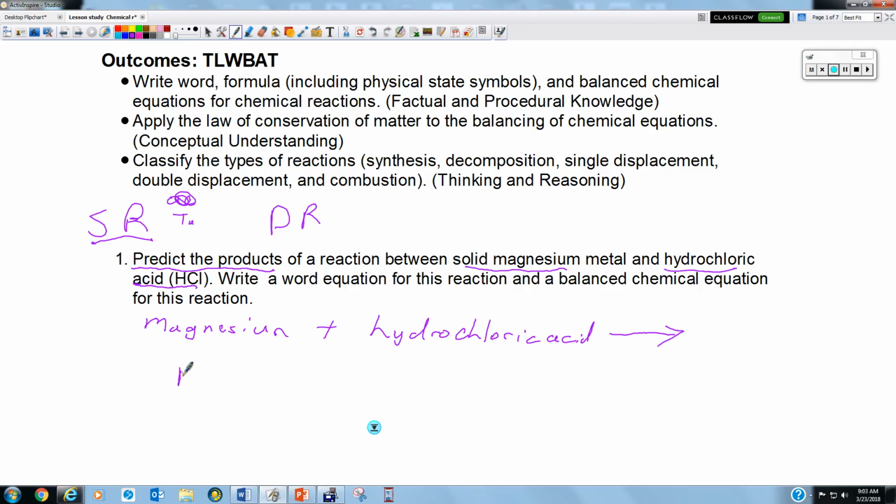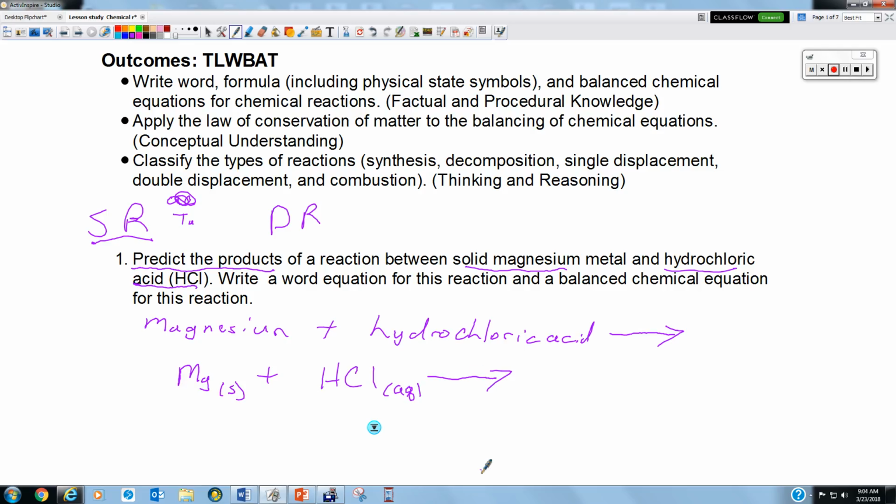What's the symbol for magnesium? Mg. So I'm going to say Mg plus, what's the formula for hydrochloric acid? HCl. All right. I can go ahead and fill in that magnesium is a solid, and I'm pretty sure that hydrochloric acid is going to be in an aqueous solution.